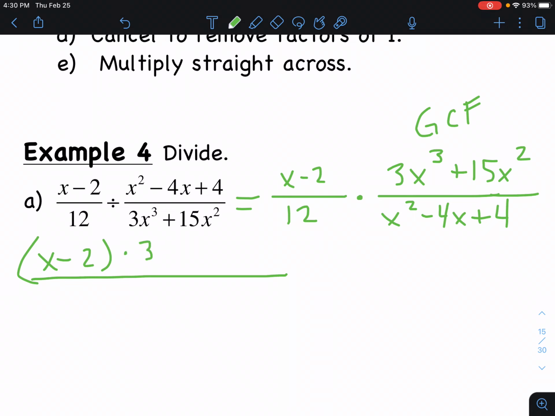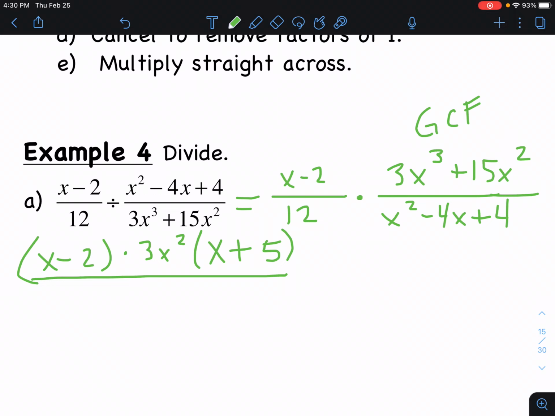And then x is common to both of them. Remember, go with the smallest exponent. And then we're carefully dividing by that 3x squared. So 3x to the third divided by 3x squared is 1x plus 15x squared divided by 3x squared is 5. The x squareds cancel out. Do not put an x with the 5.